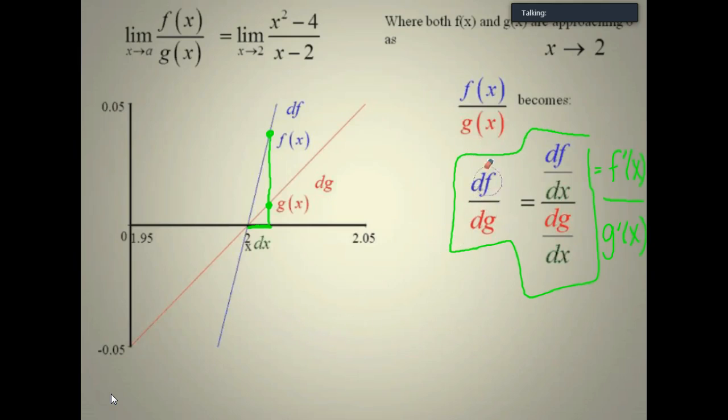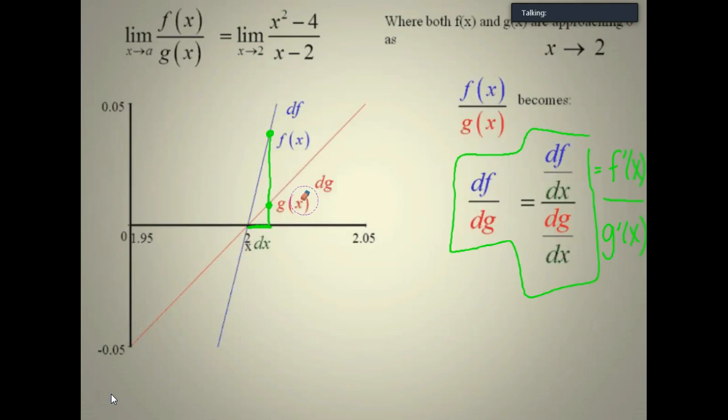So we're going to compare the derivative of the top to the derivative of the bottom. L'Hopital's rule is to compare the derivative of the top to the derivative of the bottom, which is really a comparison of their slopes.